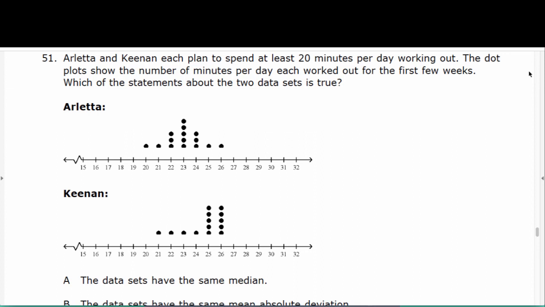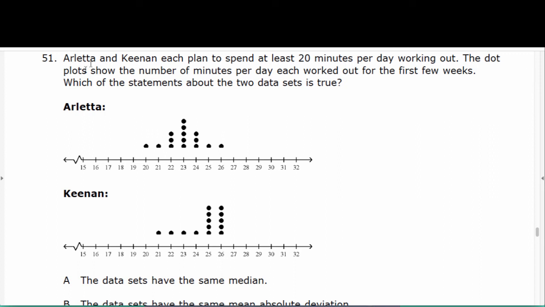Question 51. Arletta and Keenan each plan to spend at least 20 minutes per day working out. The dot plots show the number of minutes per day each worked out for the first few weeks. Which of the statements about the two data sets is true?